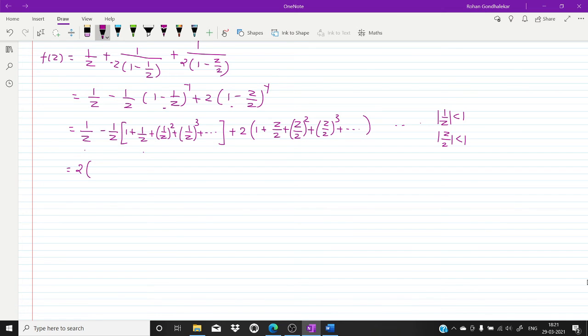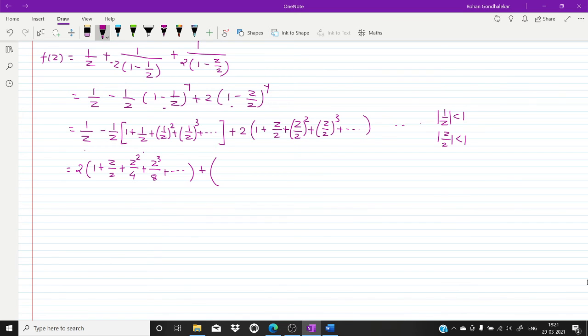So 2 into bracket 1 + z/2 + z²/4 + z³/8 + and so on, plus. Now here 1/z, and when we multiply with this we get −1/z. So 1/z and −1/z cancel, so forget about the 1/z terms.